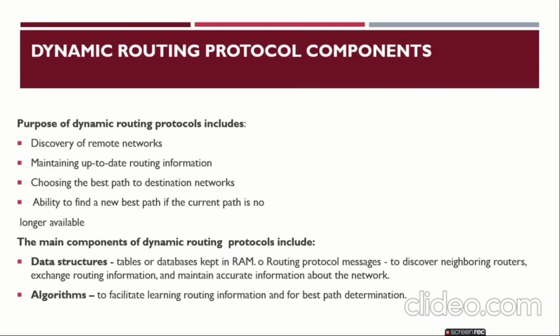Data structures or tables are databases kept in RAM, or routing protocol messages to discover neighboring routers, exchange routing information, and maintain accurate information about the network. The second is the algorithm, to facilitate learning routing information and for best path determination.